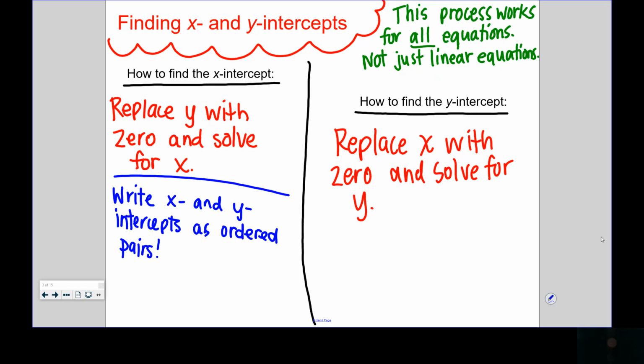So for example, your x-intercept, remember y is going to be 0, so it's going to be some value for x, we don't know, we'll just say x, but y will always be 0. And then similarly, for the y-intercept, we're replacing x with 0, so the x value will always be 0, and then you'll have to find out what the y value is.